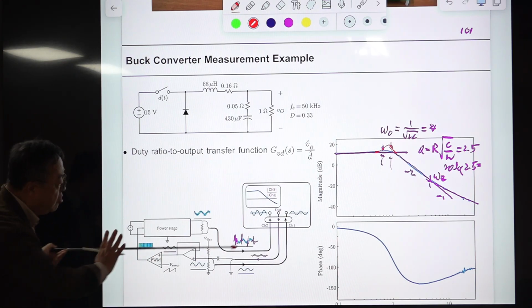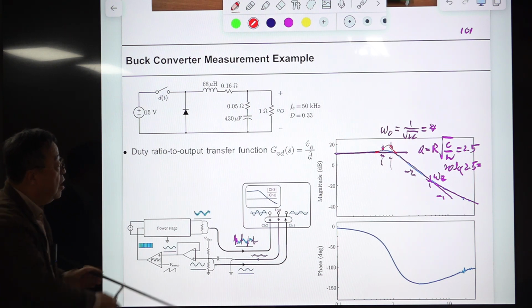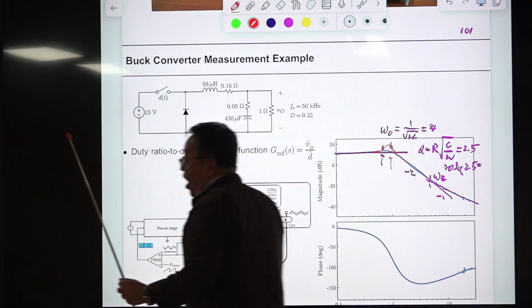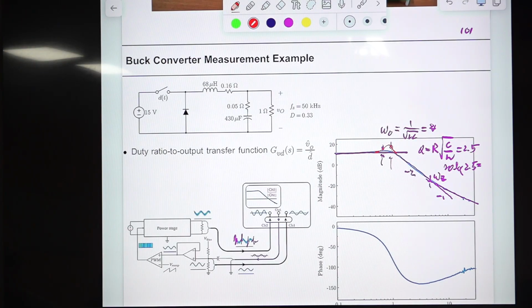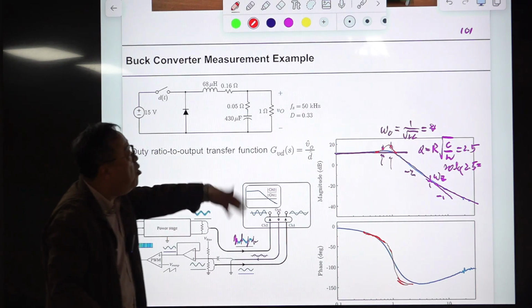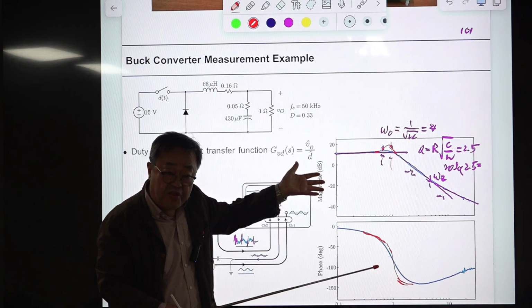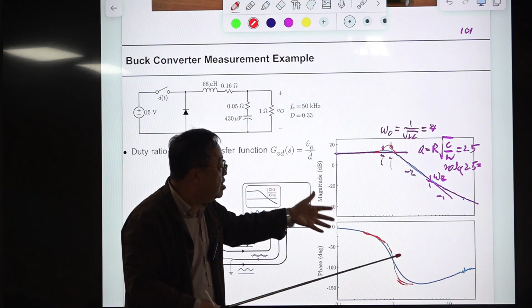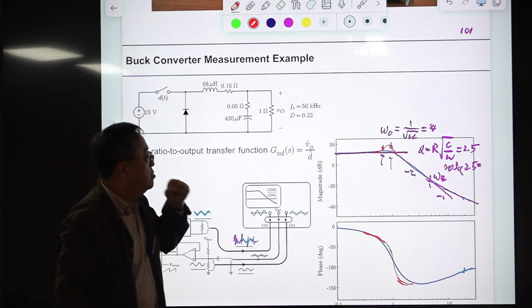Because you cannot consider all the parasitic components. And if this Q were real, then the phase change should be more upward, something like this. But in the measurement, the phase is changing gradually because we have smaller Q here. In theory, no, but in hardware, it will be different.